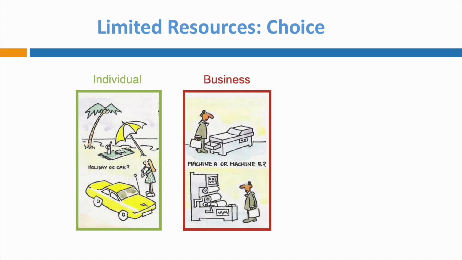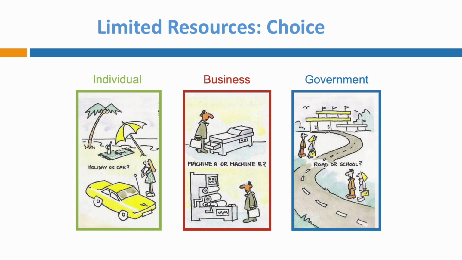As a business, we might choose between purchasing machine A or machine B. Even governments make choices. One government might decide to invest in a school. The other might build a new road to support the infrastructure, the economy, and so on.